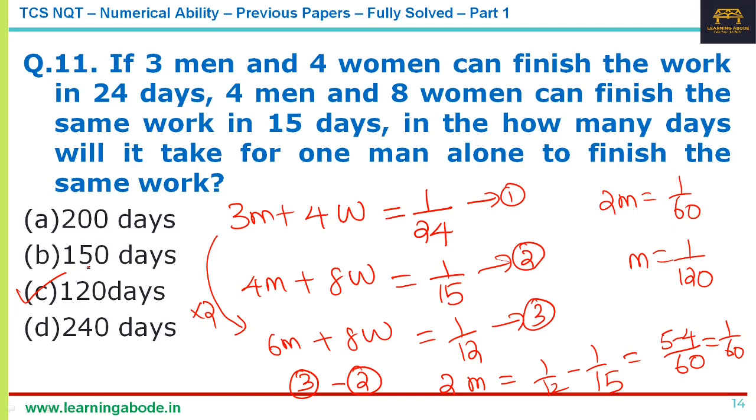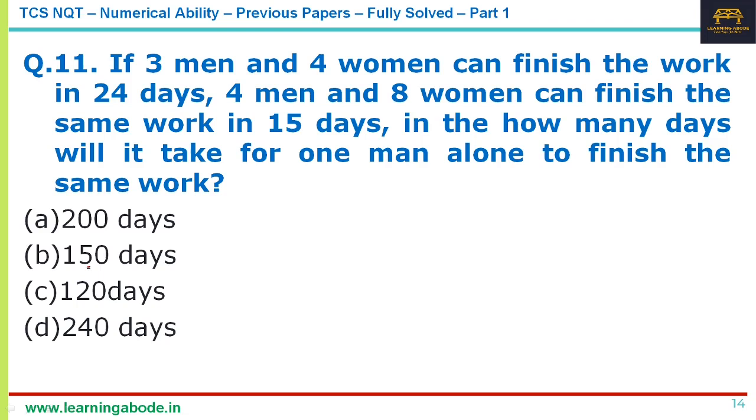Now this is one of the methods. The other method, okay, if suppose someone is curious, I know some people want to do something else. Okay, so the answer is 120. We have already marked.